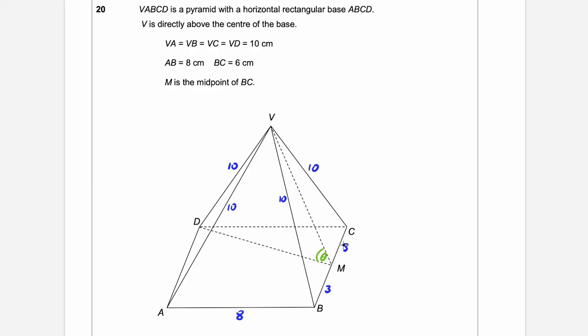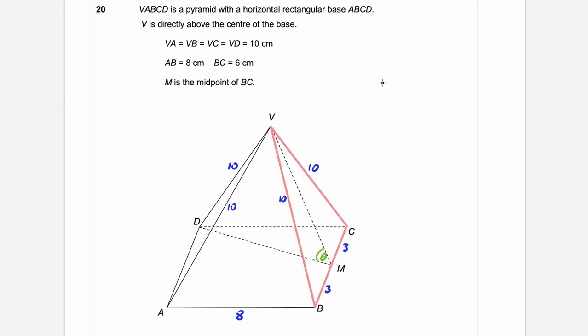Okay. Now, what do I want? I want to get this side here. I think I can get it by looking at this triangle here, guys. This is a bit hard to visualize. Imagine that triangle.